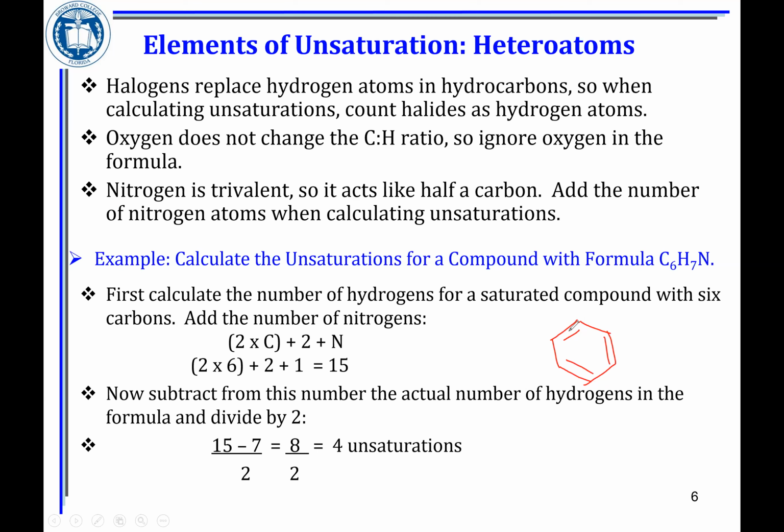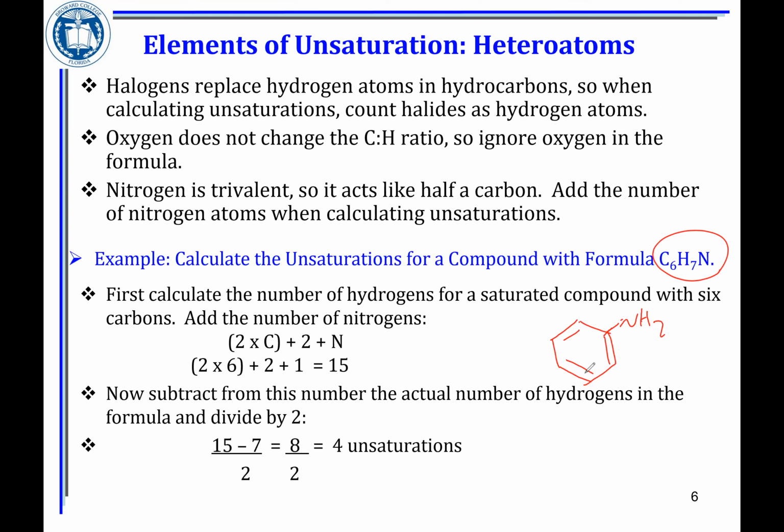So you have 3 pi bonds that take care of 3 elements of unsaturation, and 1 cyclic system makes 4 elements of unsaturation. Then you could have an NH2 attached to it that takes care of the whole molecule. So we don't know exactly if it is a benzene ring or not, but that is one of the possibilities.